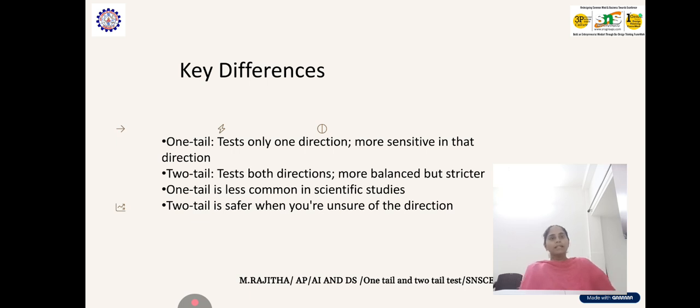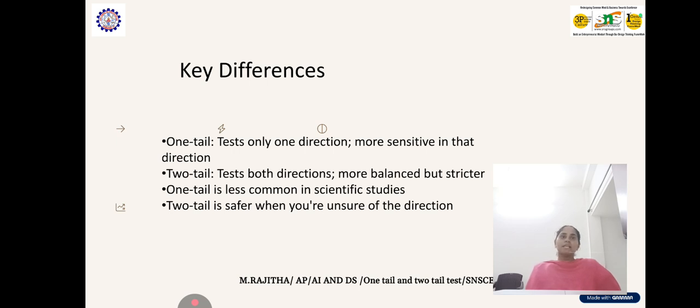In a one-tailed test, all the significance level is concentrated on one side, making it more sensitive to detecting effects in that direction. The choice between the two depends on the research question. If you expect a change in only one direction, use a one-tailed test. If you are open to any change, use a two-tailed test.